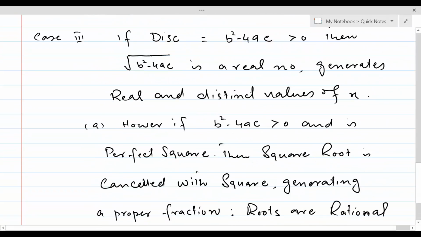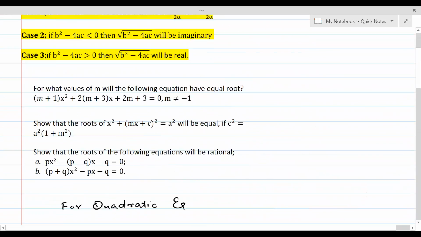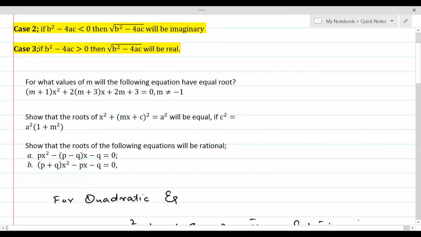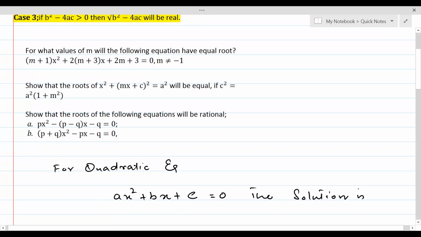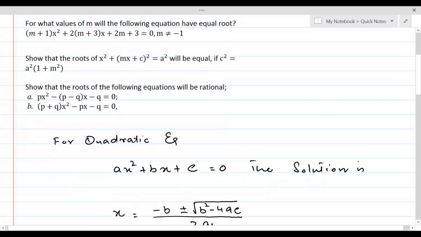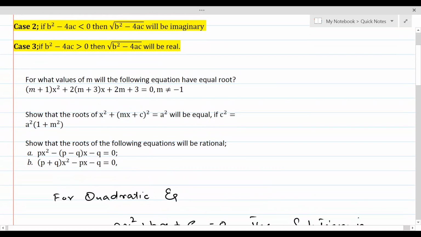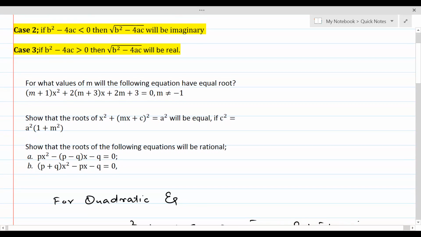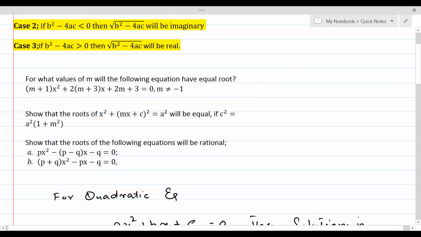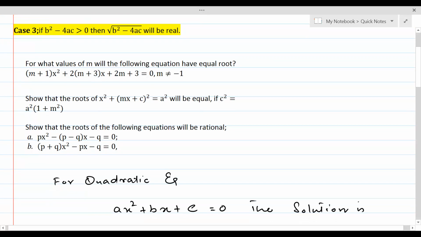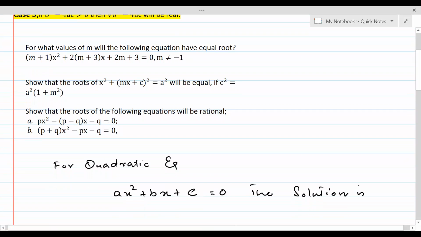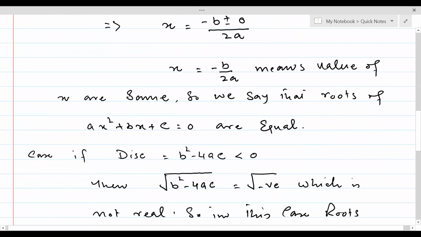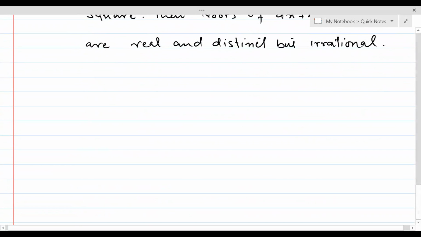For example, the first question that is being asked is: for what value of m does the following equation have equal roots? Example number 1.